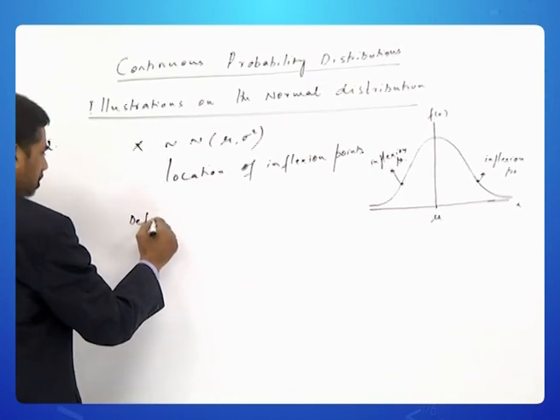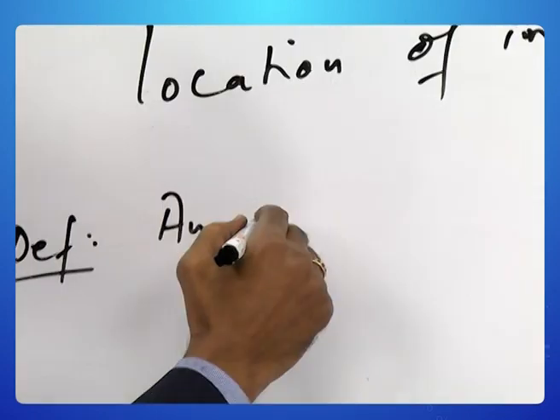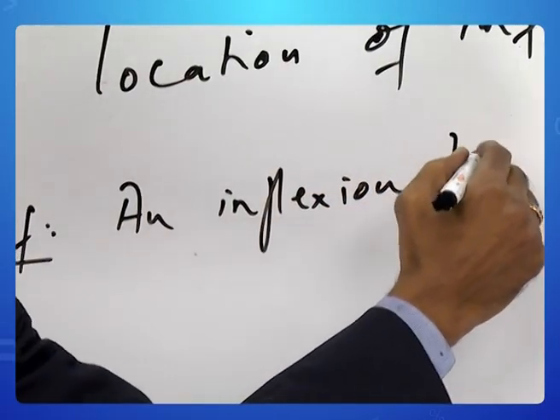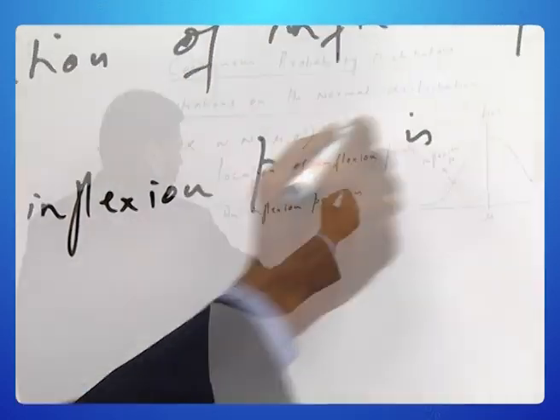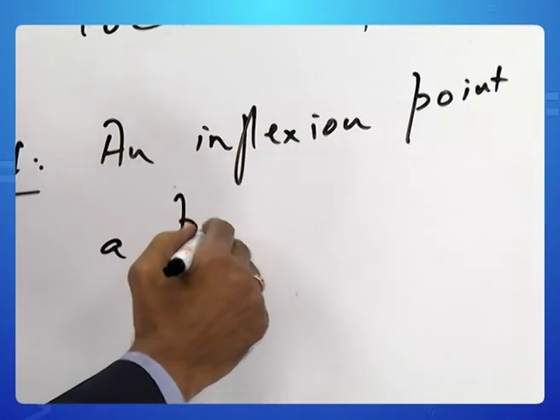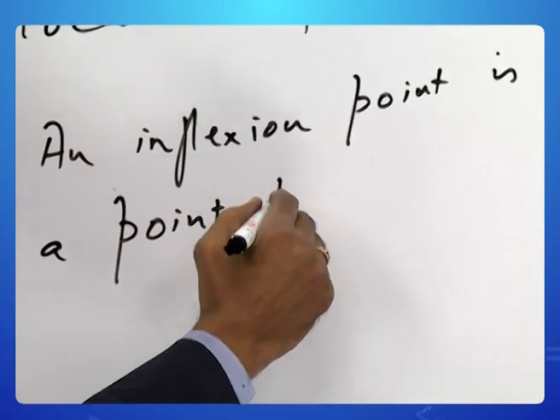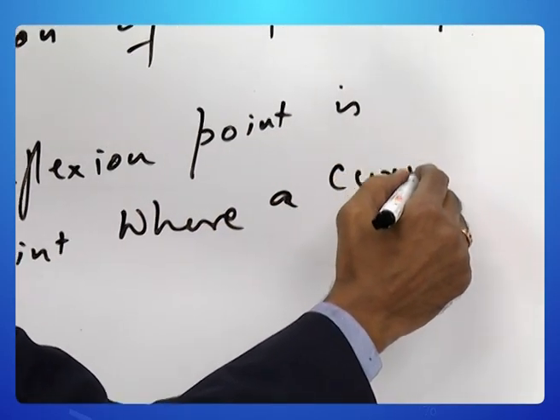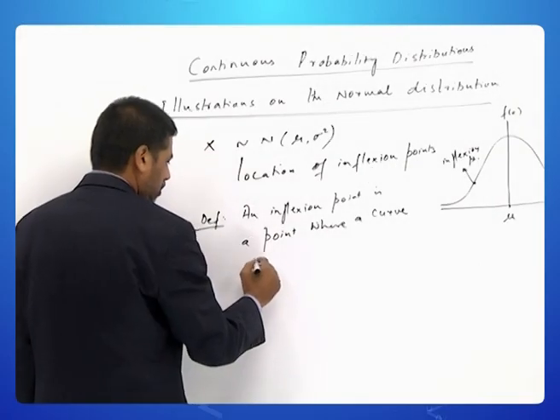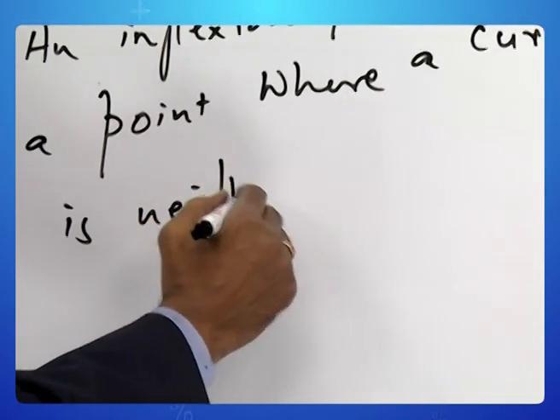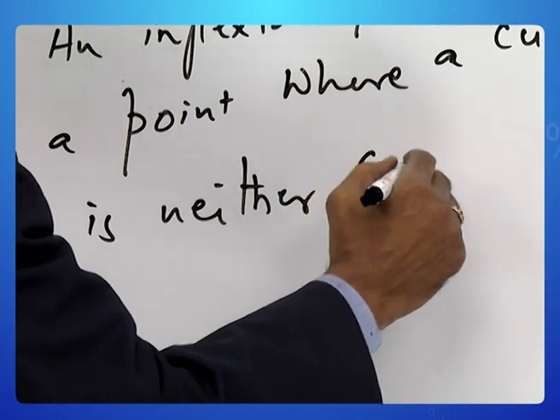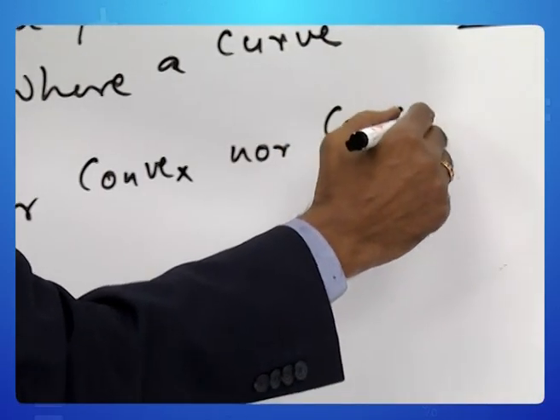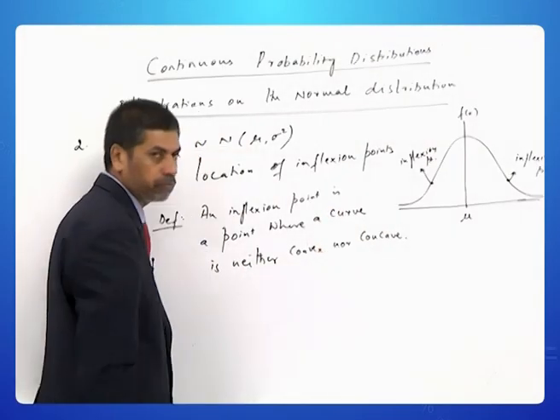The definition is, an inflection point is a point where a curve is neither convex nor concave.